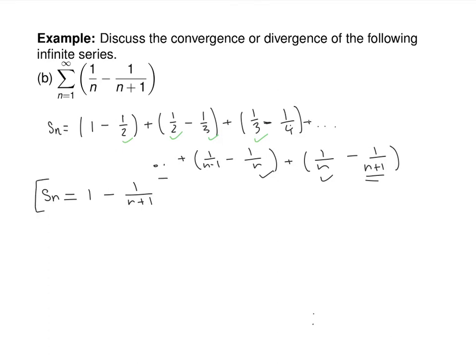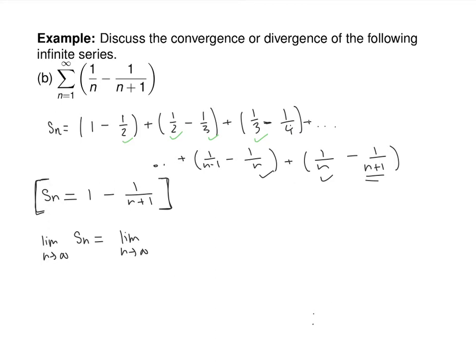This would be a way to have a shortcut to, say, add up the first 100 things in that series. If you want to add up the first 100 things, well, then just plug 100 into this formula. First 1,000 things, plug in 1,000. Now that infinite sum will equal the limit as n goes to infinity of the sequence of partial sums.